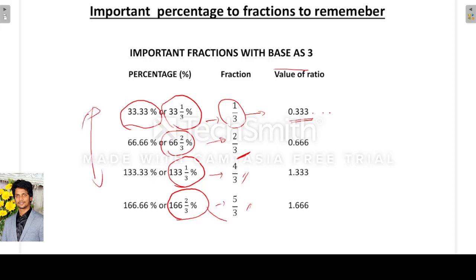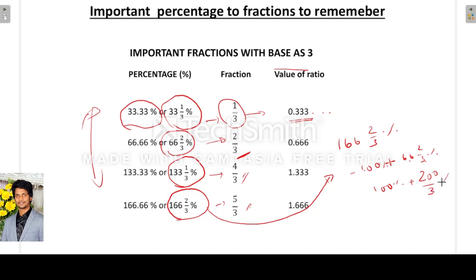Even we can convert. Let's see how to convert. I will show you. There is 166 2 by 3%, right? This can be written as 100% plus 66 2 by 3%. 66 2 by 3 means 66 times 3 is 198, plus 2 is 200 by 3.